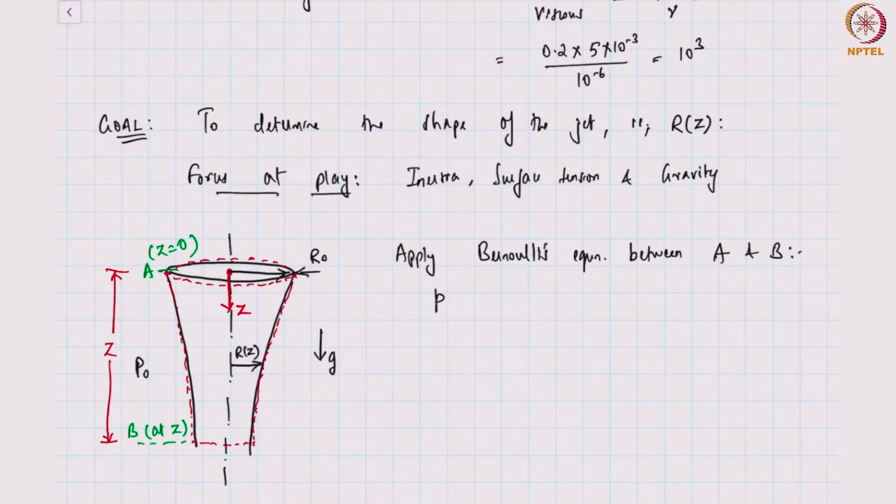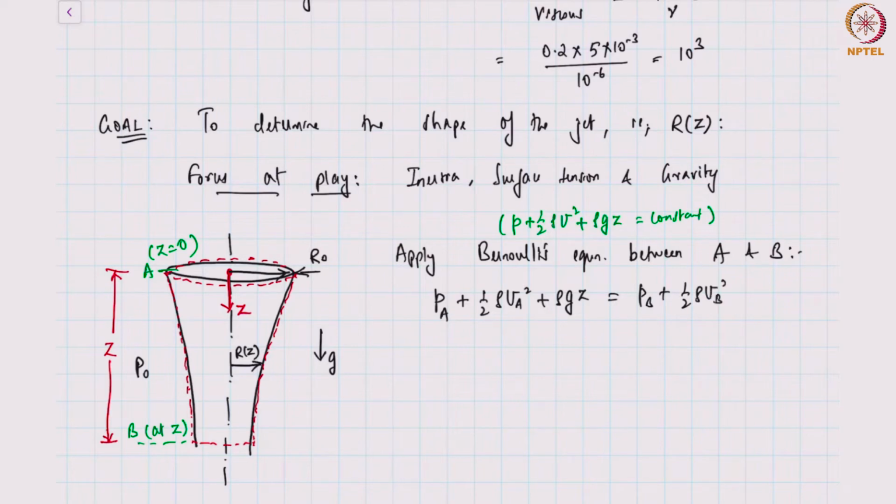For those who may not be familiar with or have forgotten, P plus half rho U square plus rho g z will be constant. That's the Bernoulli's equation, right? So let's apply across these 2 points. It's PA plus half rho UA square plus rho g z will be PB plus half rho UB square, right?